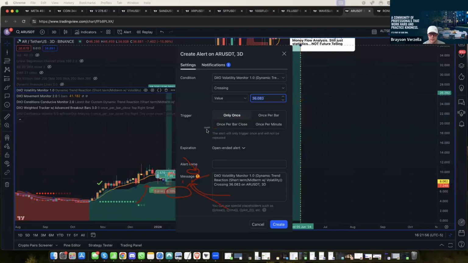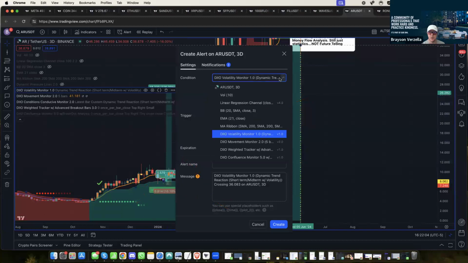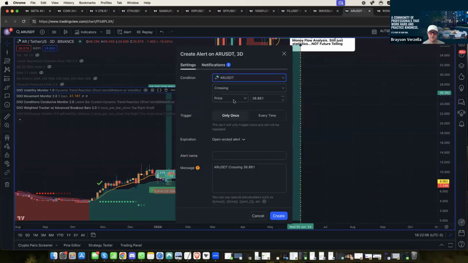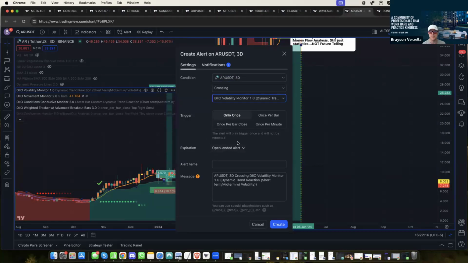So I'm going to erase this stuff to not confuse it, but you could literally go over here and say, I want to know when price action of this asset on this time frame, 3-day time frame, crosses not price, but when it crosses the volatility monitor.